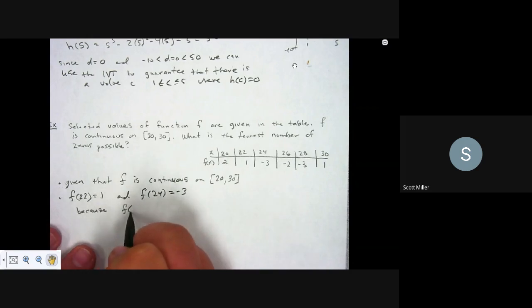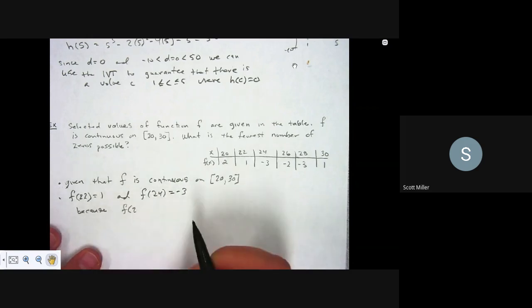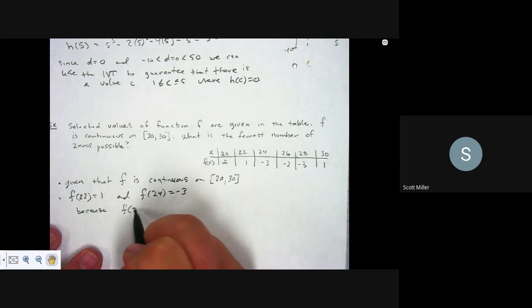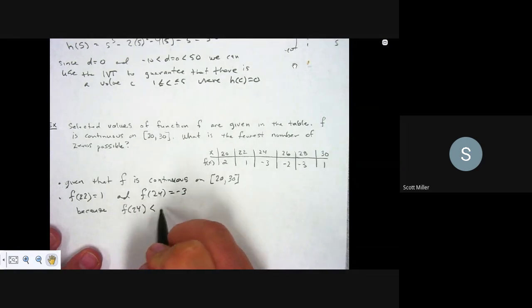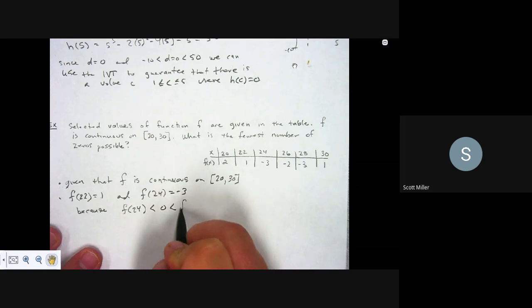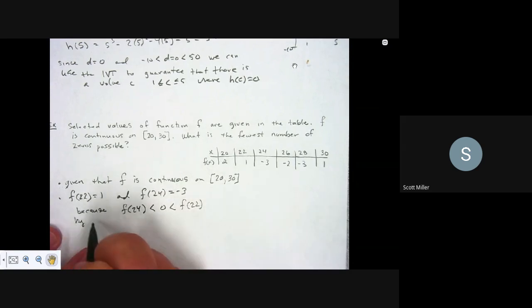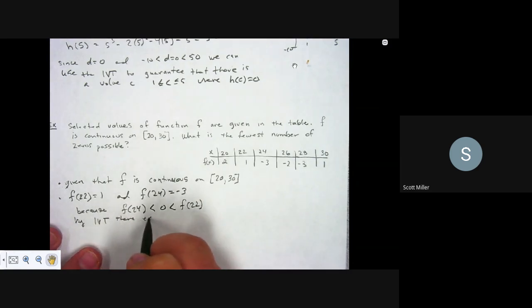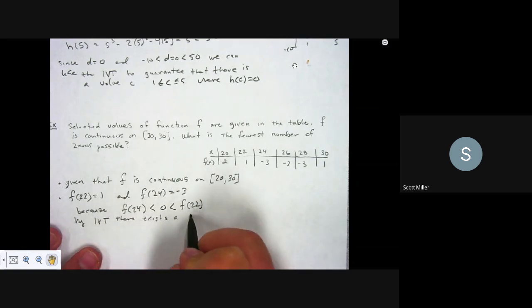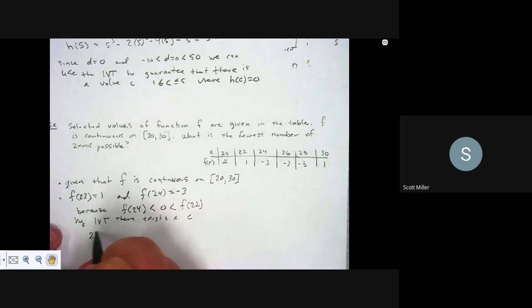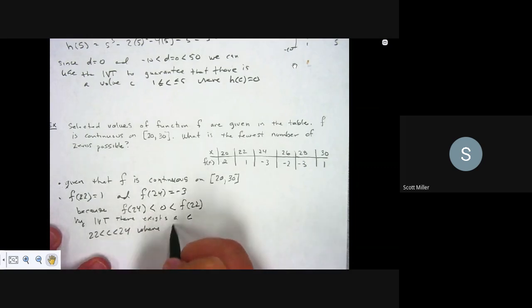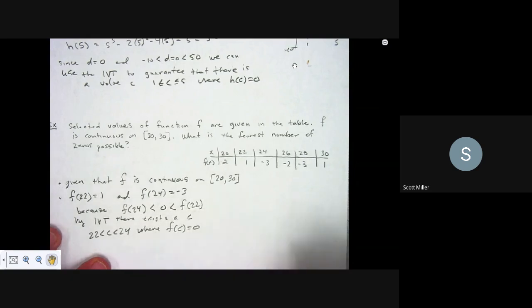Because f of 24, which is less than 0, which is less than f of 22, I know by the intermediate value theorem there exists a C between 22 and 24 where f of C equals 0.